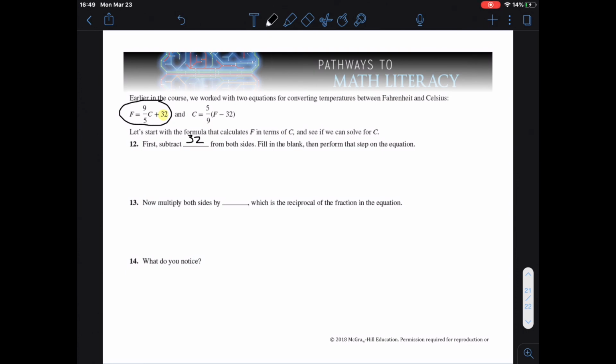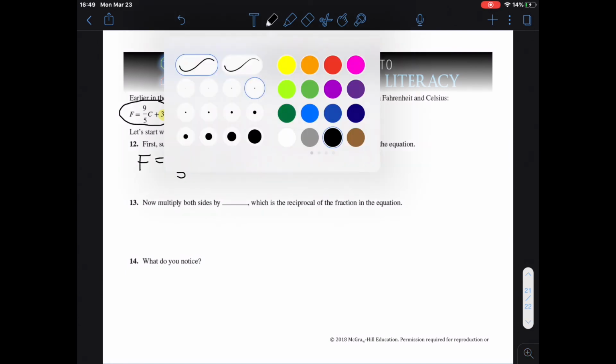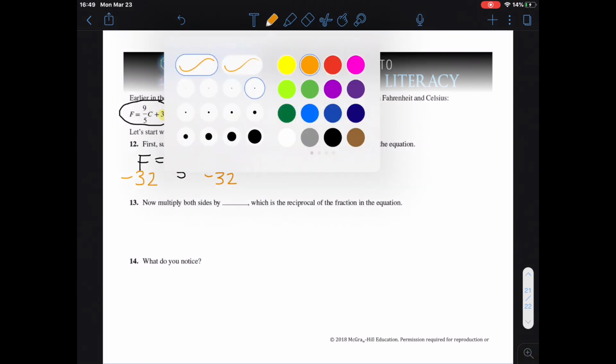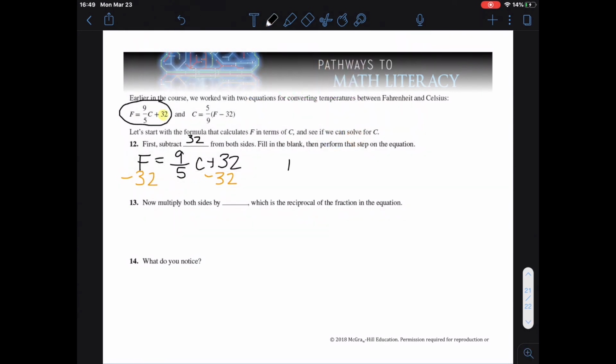So we're starting with F equals 9/5 C plus 32. We subtract 32 from both sides, and that gives us F minus 32 is equal to 9/5 times C.